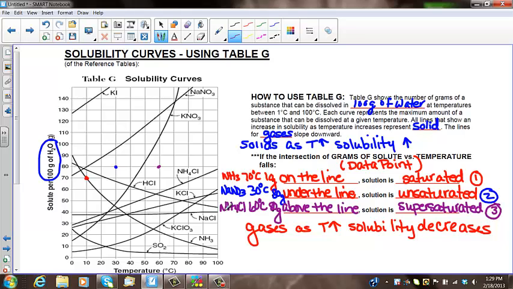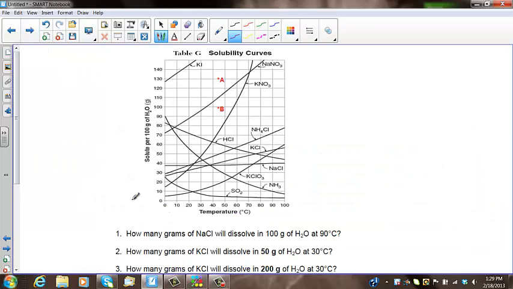Okay, we're almost done. The last thing we're going to do is run through a couple of these practice problems, and then that's it. So let's look at the first question. How many grams of NaCl will dissolve in 100 grams of water? So my grams of water are the same. I don't have to make any adjustments at 90 degrees.